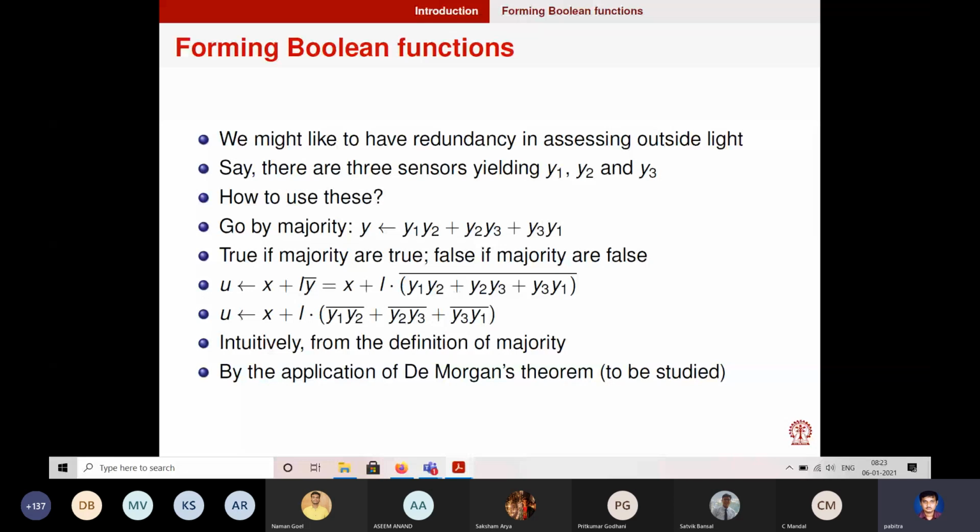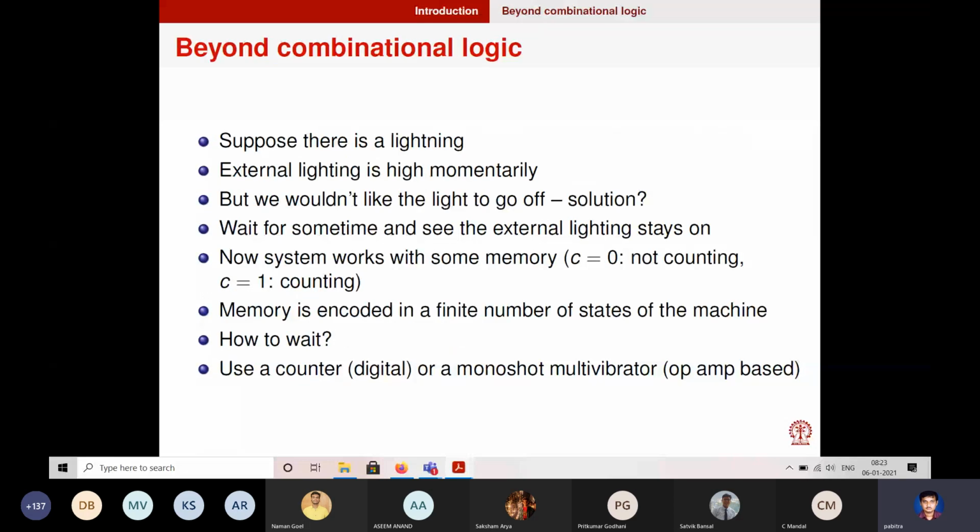Okay, so this is the first part of the course that we'll study. Next, we'll move on. What we are doing by virtue of this example is that this is apparently a simple problem. You have to just control the bulb in a room depending on the lighting condition.